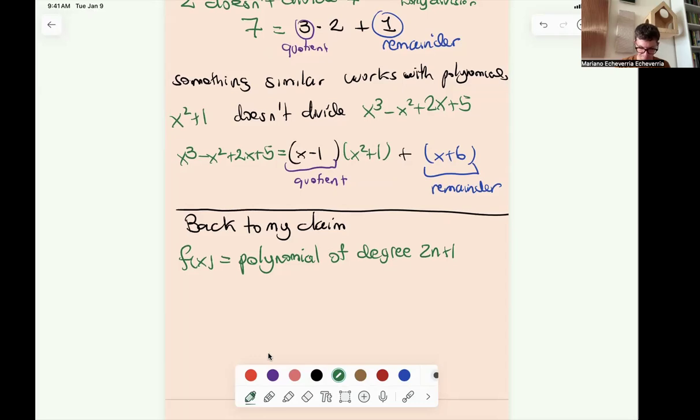And we had Tn of x. Let me see how I'm writing it.